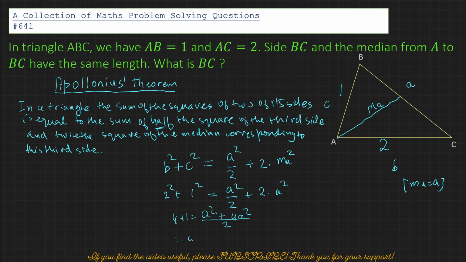Therefore you get 5 equals 5A square out of 2. So the 5's cancel out, and therefore A square is 2, and A is the square root of 2. And that is BC. So the answer is square root of 2.